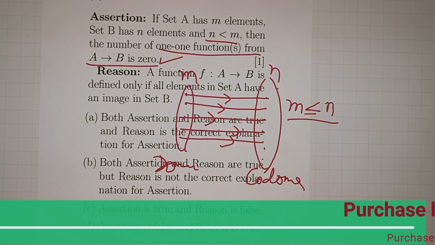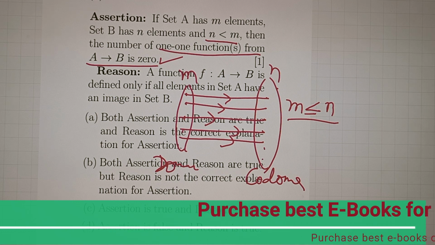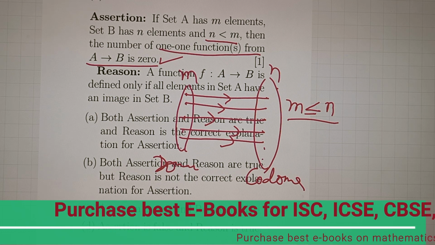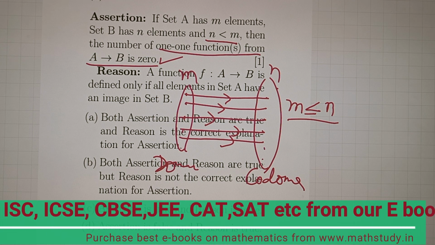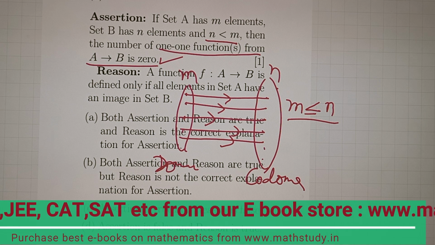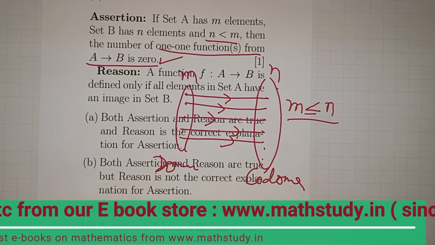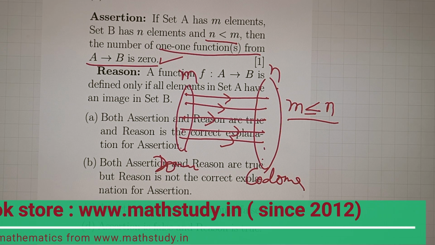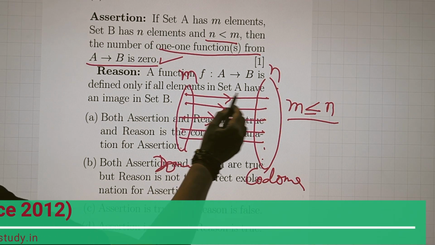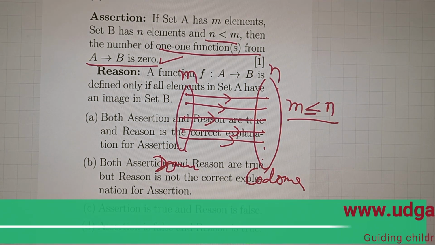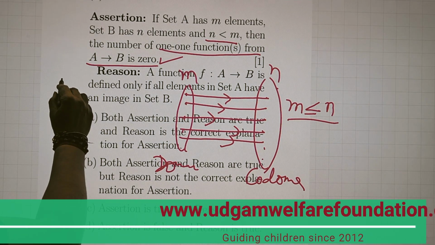As we can see, the assertion is about the one-one function, whereas the reason is only about the function in general, as one-one only happens when all the elements in set A have an image in set B, and that is not explained here.